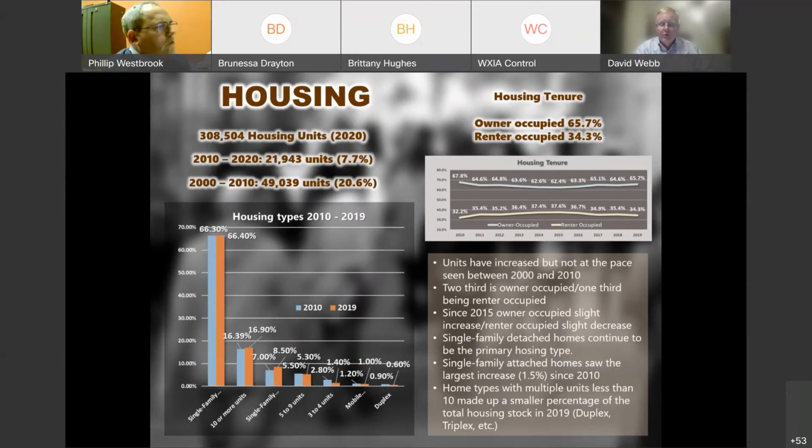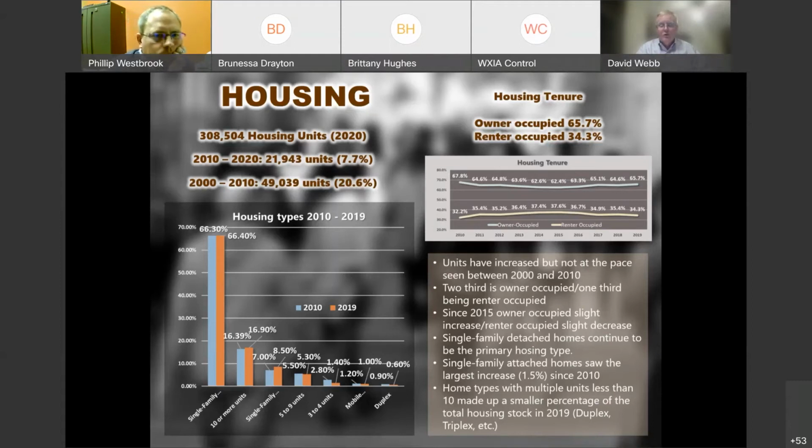There has been an increase in units between 2000 and 2010. And I would note that 2/3 of our population has owner occupied dwellings, and only 1/3 is renter occupied. Since 2015, the owner occupied has had a slight increase. Single family homes saw the largest increase since 2010.